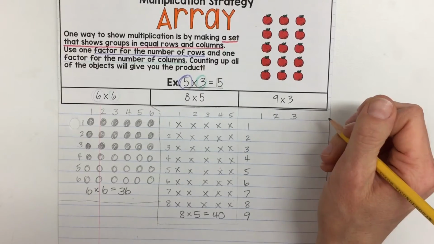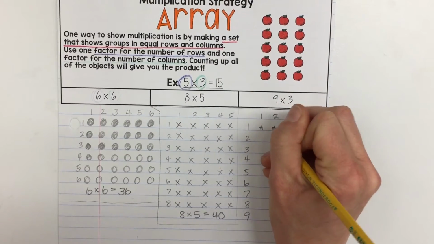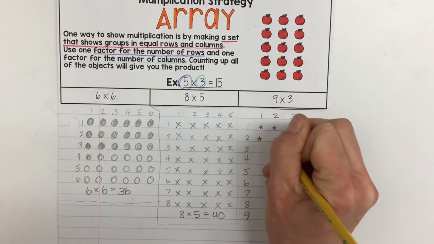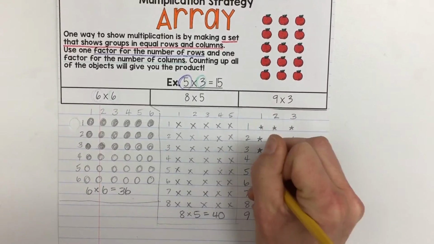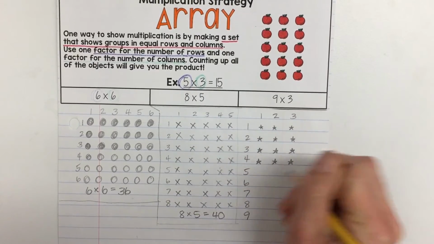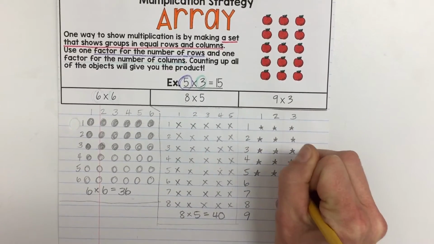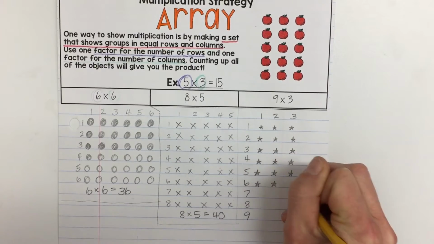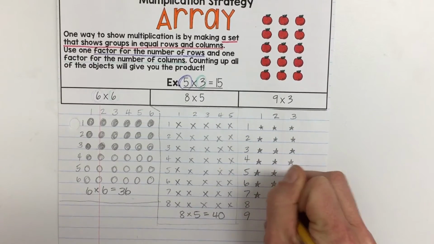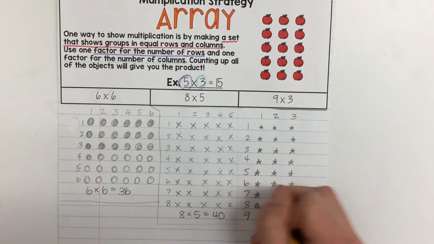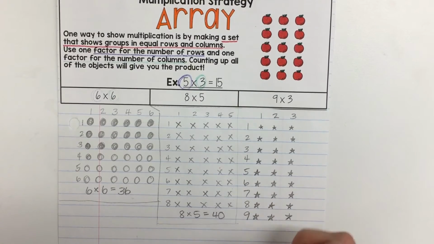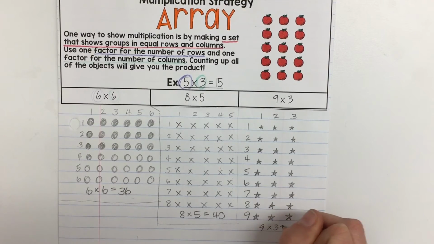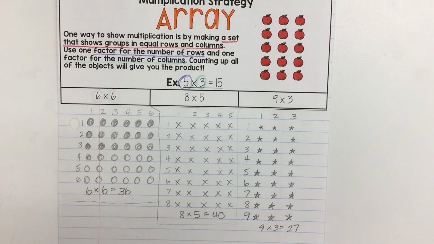And I'll do stars. 1, 2, 3, 4, 5, 6, 7, 8, 9, 10, 11, 12, 13, 14, 15, 16, 17, 18, 19, 20, 21, 22, 23, 24, 25, 26, 27. So here 9 times 3 equals 27. And this is how you use an array to show multiplication.